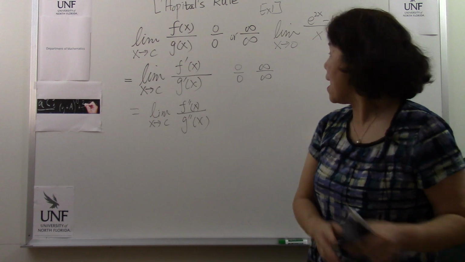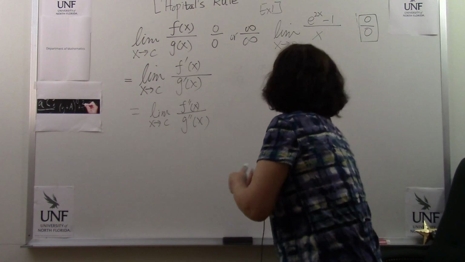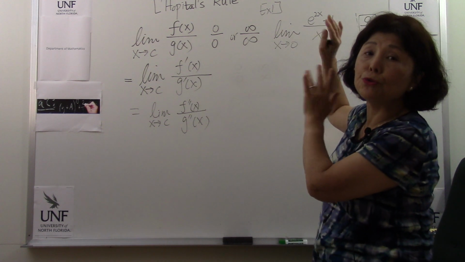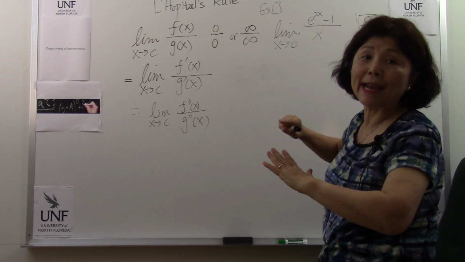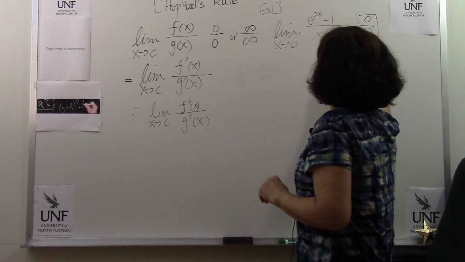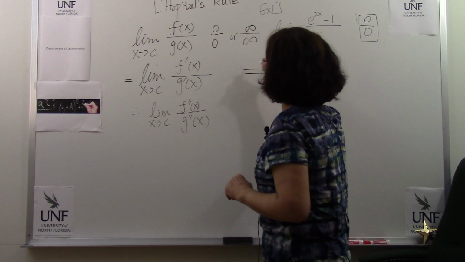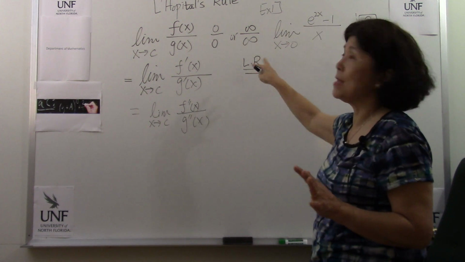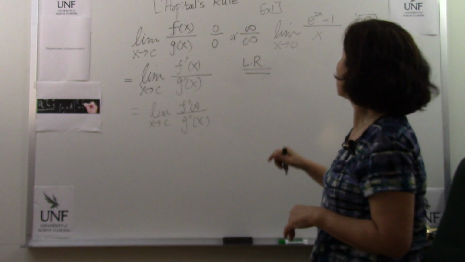So when you have this, I'm going to say this is indeterminate form, so I want you to have a habit of writing what kind of indeterminate form this is. So 0 over 0, well, for that reason, we can use L'Hopital's rule. So I'm going to abbreviate it like LR.